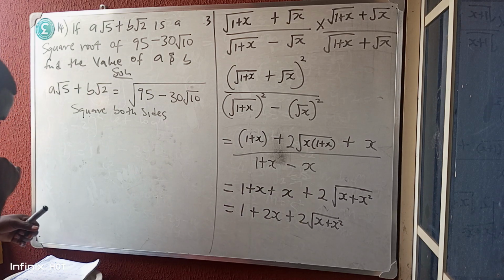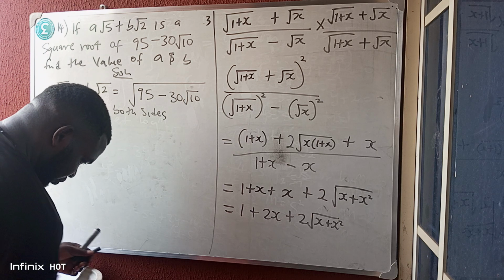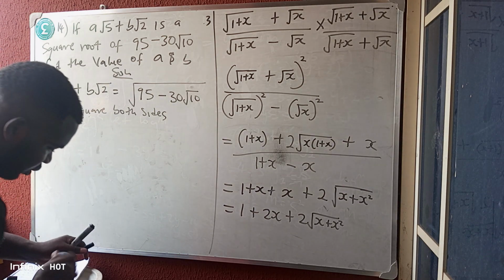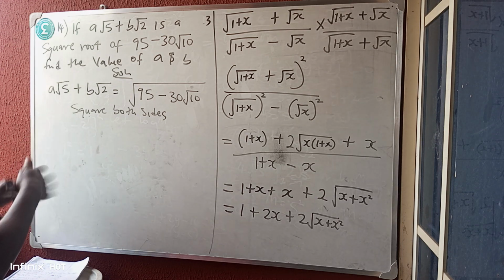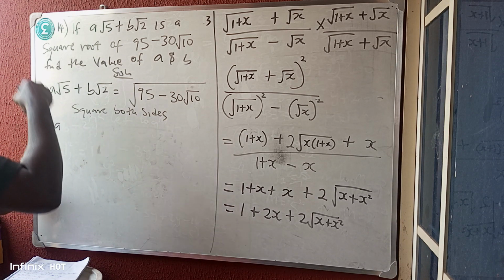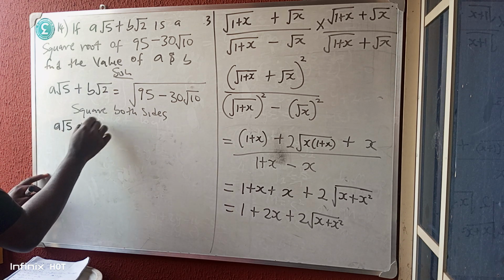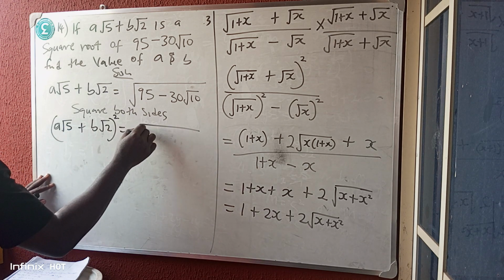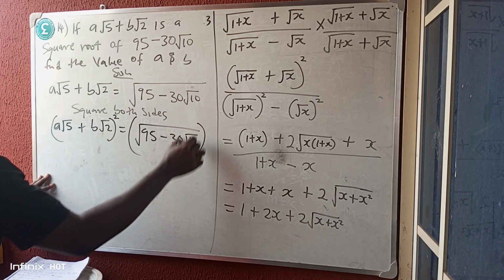If I square both sides, I'm having a root 5 plus b root 2 all squared is equal to 95 minus 30 root 10 all squared.